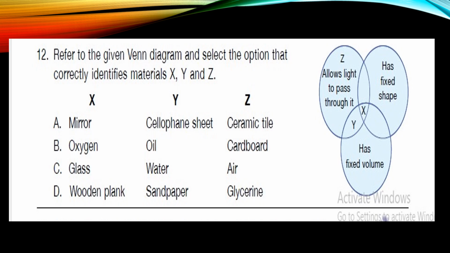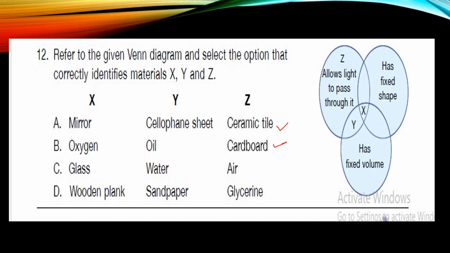Question number 12. Refer to the given Venn diagram and select the option that correctly identifies materials X, Y and Z. Here in this Venn diagram, Z allows light to pass through it. In options, ceramic tile and cardboard do not allow light to pass through it.